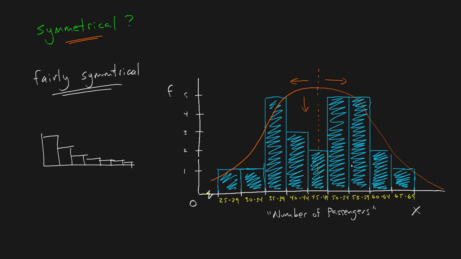So we see most of it clustered around this area here, from about 35 passengers all the way up to 59 passengers. But all we're really looking for is that description of shape. In the next chapter, we'll start talking about where the center of a distribution is, or where the central tendency is. So this is a fairly symmetrical distribution.